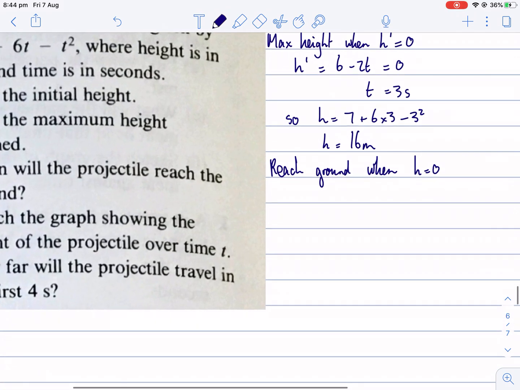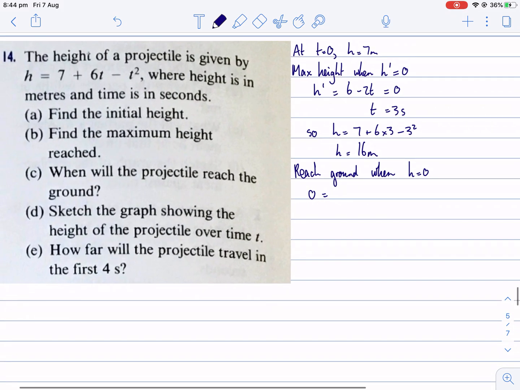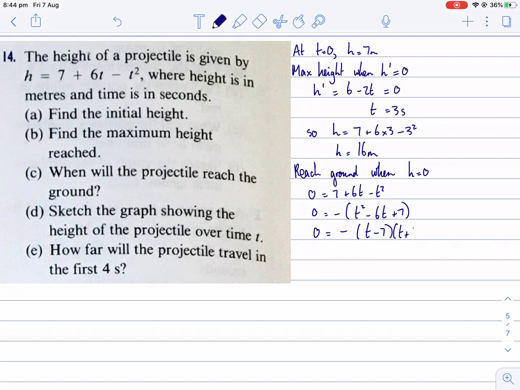It will reach the ground when the height is 0. So 0 equals 7 plus 6t take t squared, which is negative t squared plus 6t plus 7. That factorises as (t - 7)(t + 1), because that should be -7.